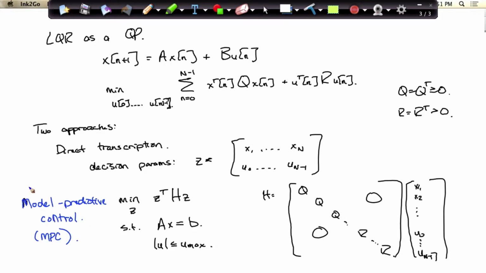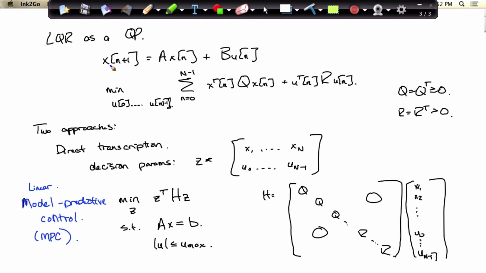Maybe this is often called linear model predictive control. And the reason it's called that is because I'm computing potentially with a big optimization a control from a particular initial condition. But a lot of times people will implement this online.